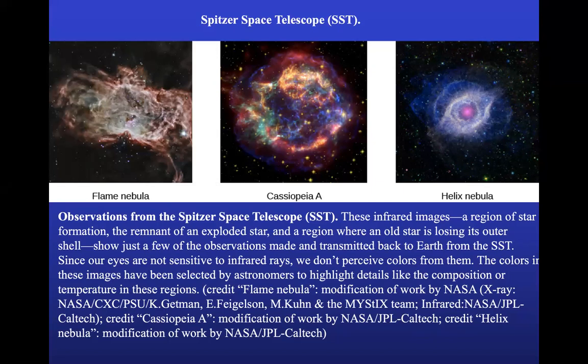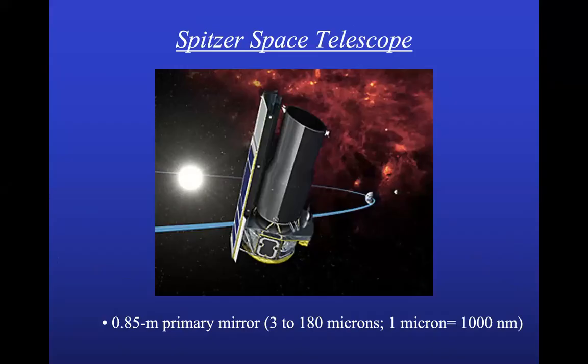Now you can see that there are different colors in these images. These colors are selected by astronomers to highlight details like the temperature, high and low regions, and those kinds of things. And this is just an image of the Spitzer telescope.